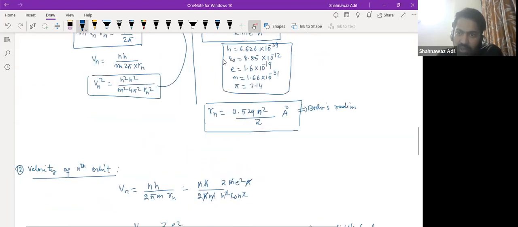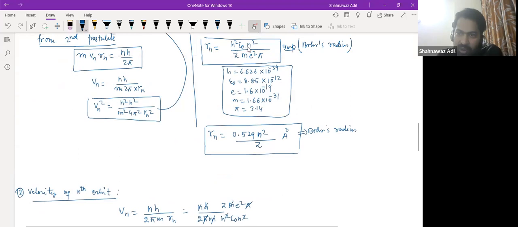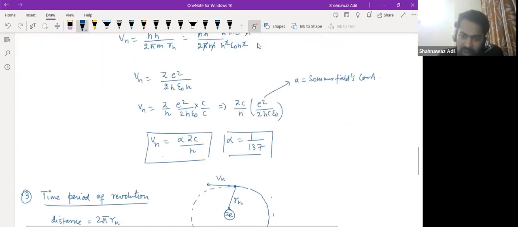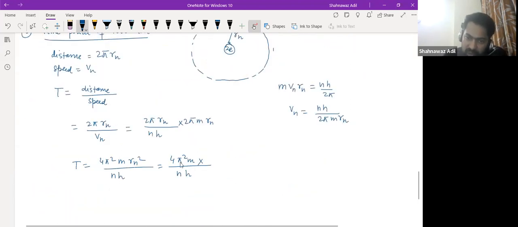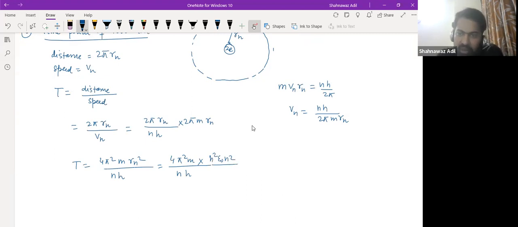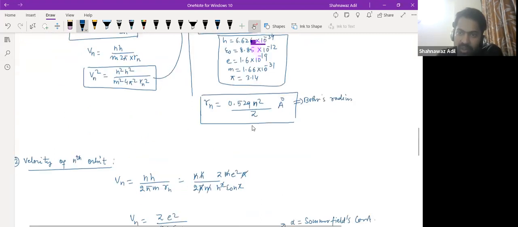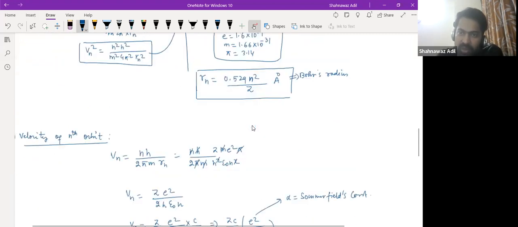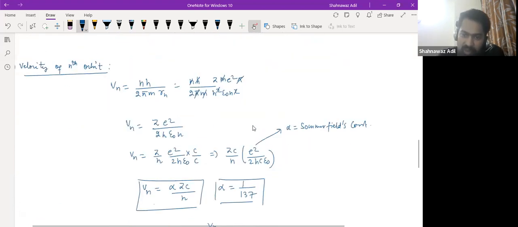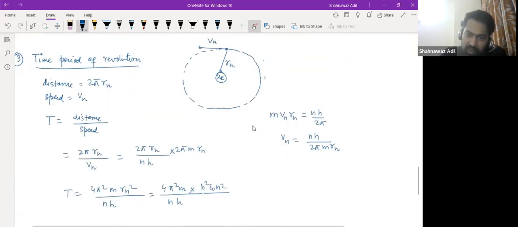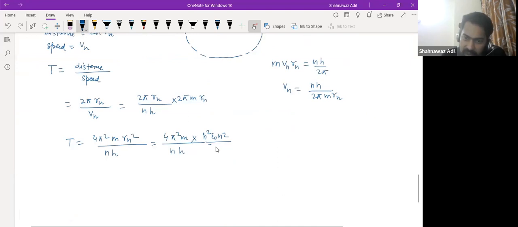Rn is h square epsilon naught n square divided by Z m e square pi, and whole square.